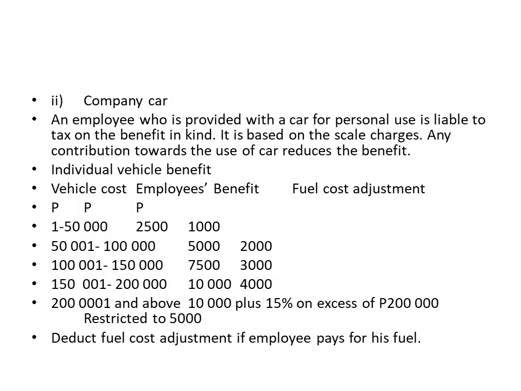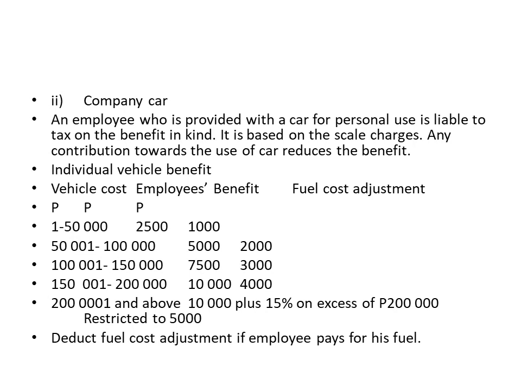Another benefit is car benefits. That one is very common. If an employee is provided with a company car, we are going to look at the cost the company incurred. For example, if a car was bought for 100,000, the employee's benefit would be 5,000. Therefore, 5,000 is going to be the taxable amount.